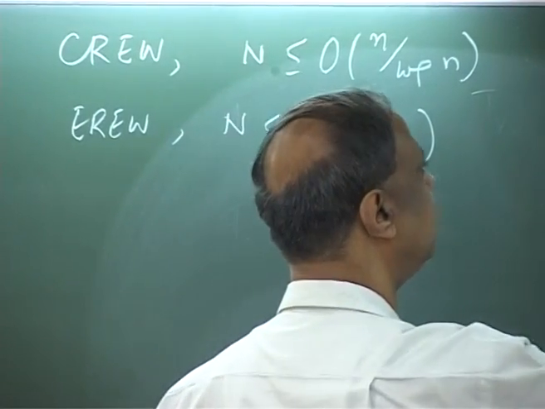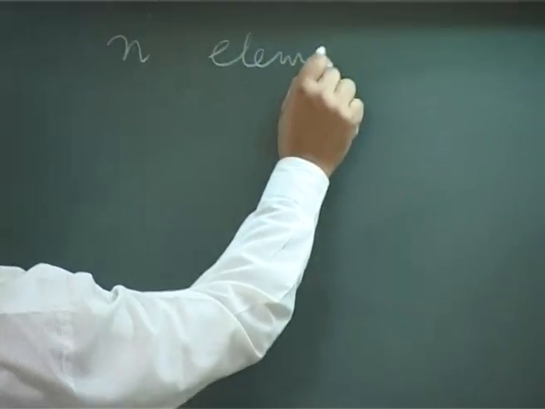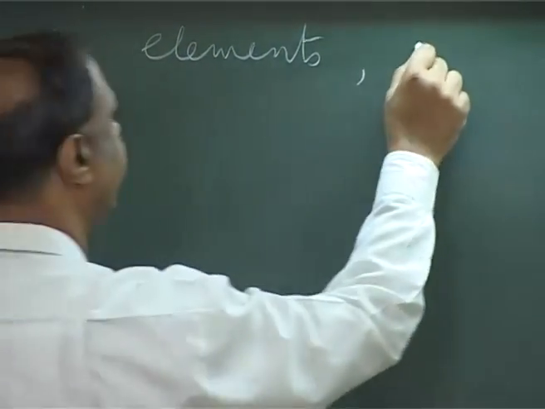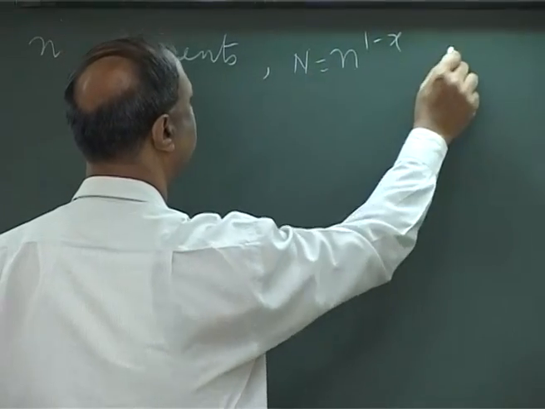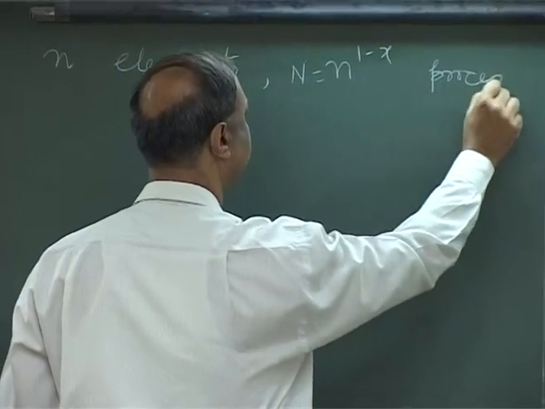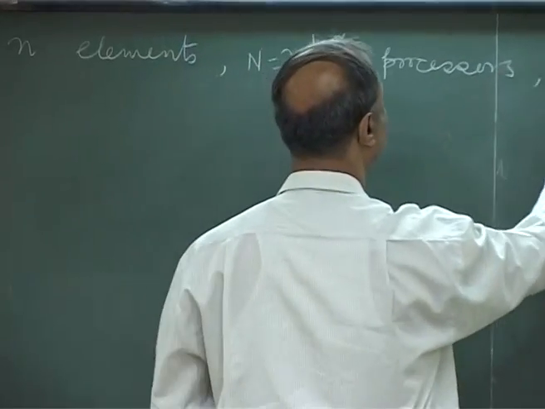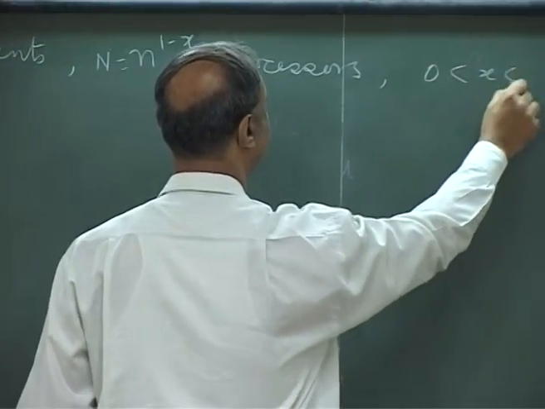You have n elements and n to the power 1 minus x processors. X is satisfying this condition.